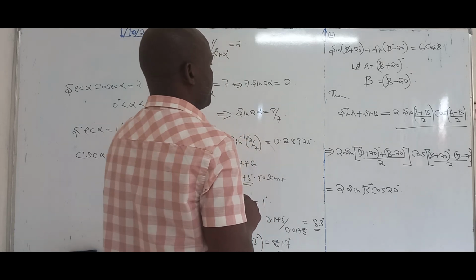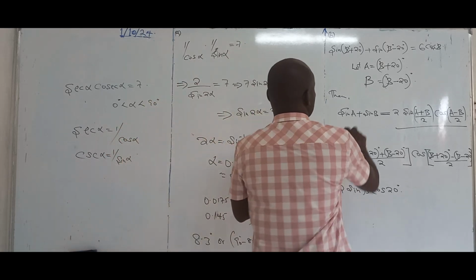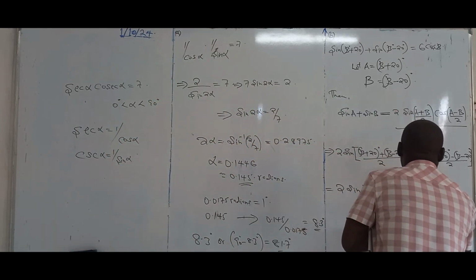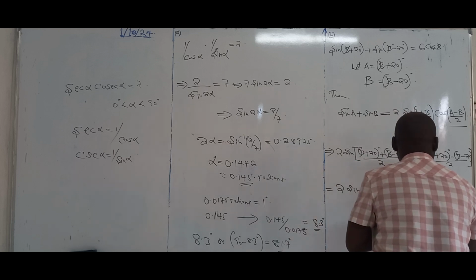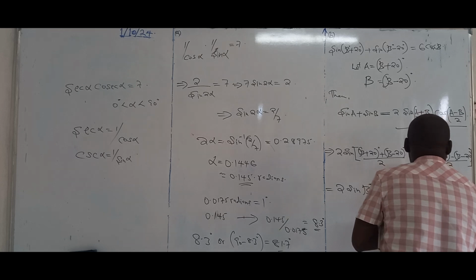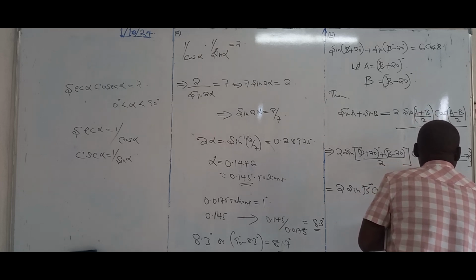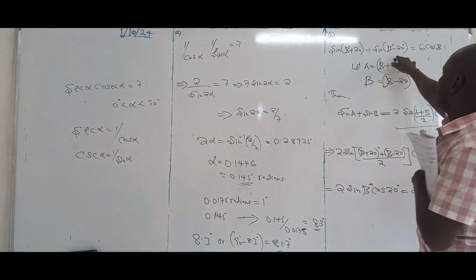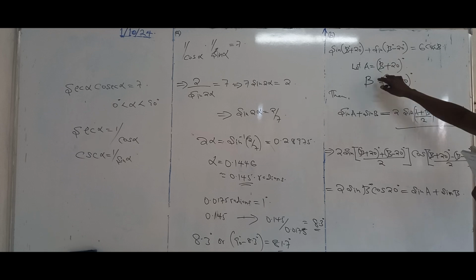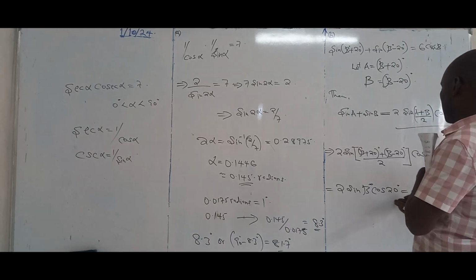And this is equal to sin A plus sin B. We had seen that sin A is this, sin B is this. So we have expressed all this in this form.